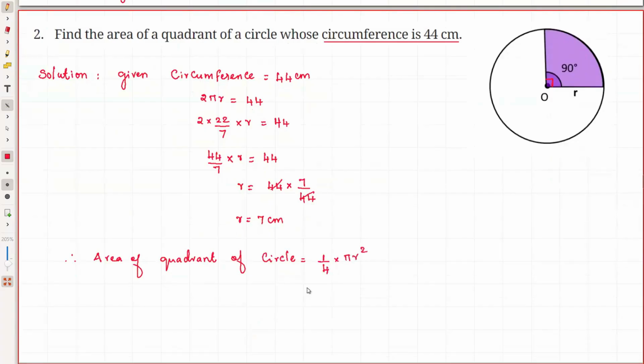So 1/4 into pi value 22/7 into radius 7. The sevens get cancelled. 2 2s are 4, and 11 2s are 22, so the balance is 11 into 7 divided by 2. 77 divided by 2 is 38.5 centimeter square. So the area of the quadrant of the circle is 38.5 centimeter square.